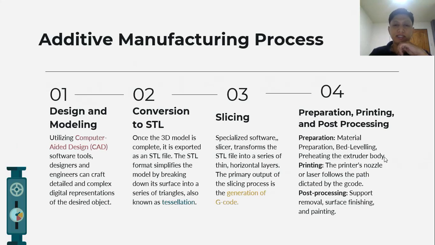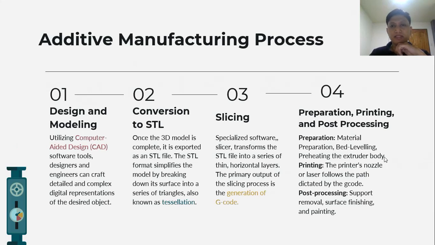Slicing transforms the STL file into a series of thin horizontal layers, and the primary output of this process is the generation of G-code. This G-code is the program required by the machine or 3D printer in order for the extruder to move along different axes in a programmed manner.